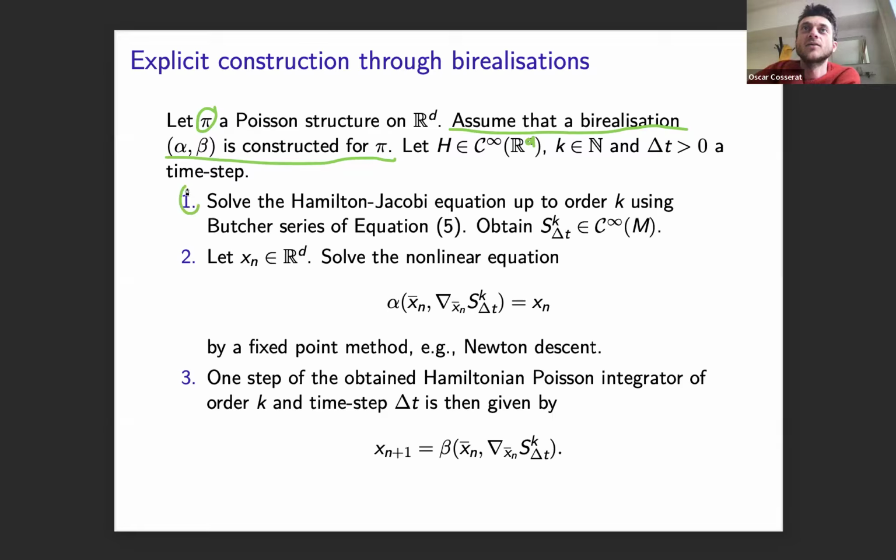So step 1, solve the Hamilton-Jacobi equation up to order k using Butcher series of equation 5. The theorem I just stated with my co-author allows to construct any solution at any order of the Hamilton-Jacobi equation. So what you do if you want to construct an integrator of order k is that you truncate this Taylor series at order k, and you obtain S_k of delta t, delta t being the time step.